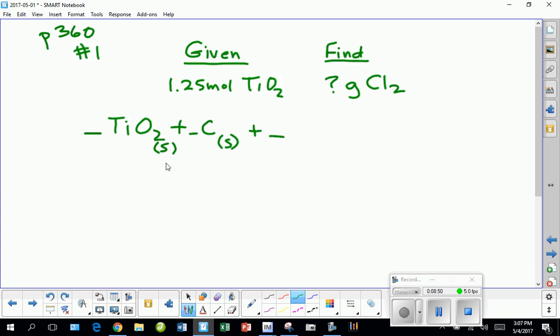And we got 2 chlorine, and the chlorine should be a gas, so Cl2, yes. And on the other side, we have TiCl4 and CO2.